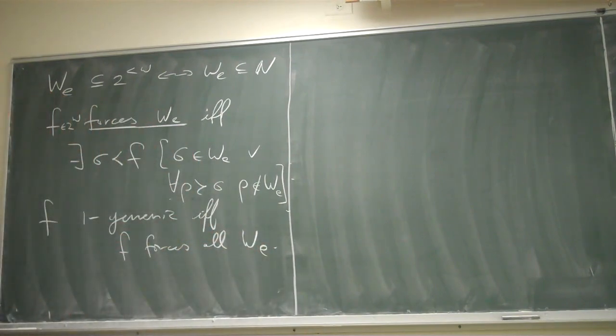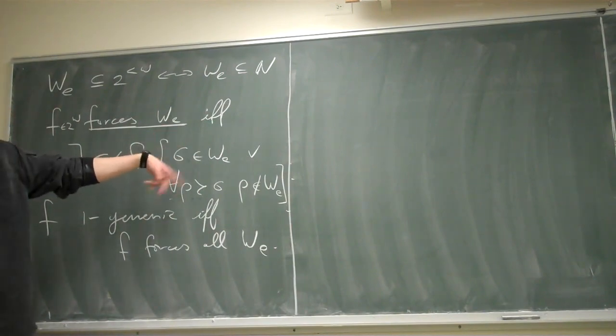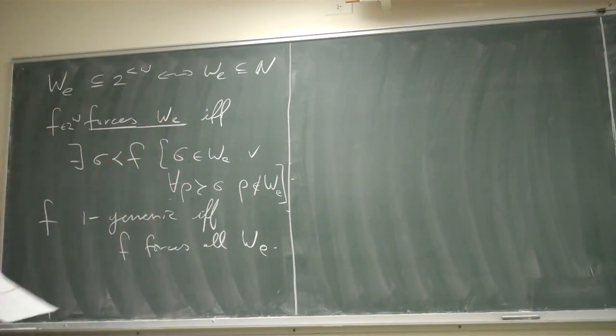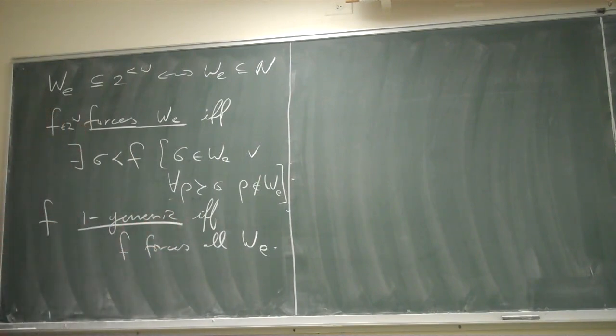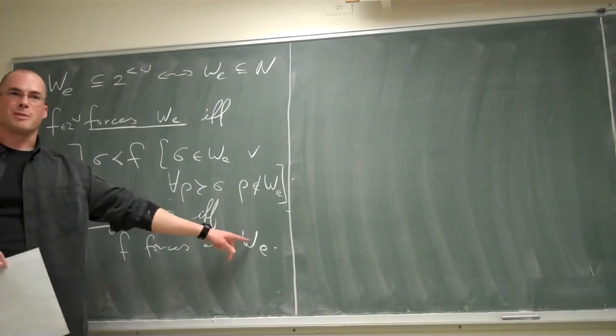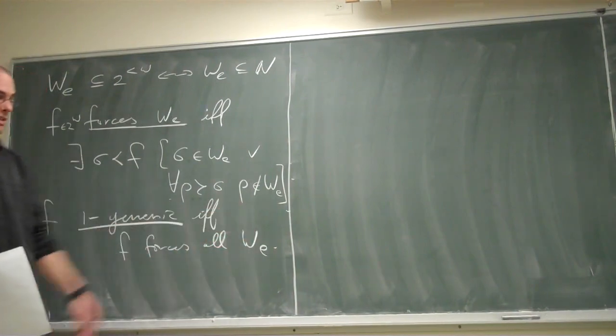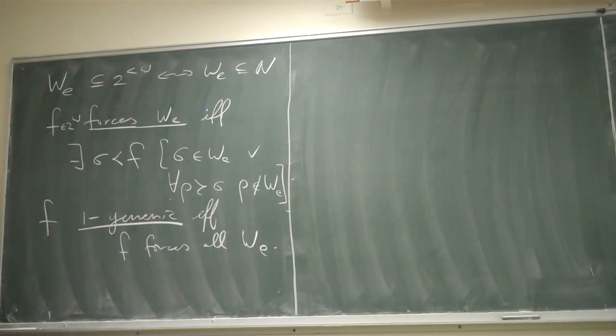Right? F decides all. F has initial segments which decide. For every WE, there is an initial segment which decides this WE. The one, of course, indicates exactly the sigma oneness of all the sets that we work well with respect to.